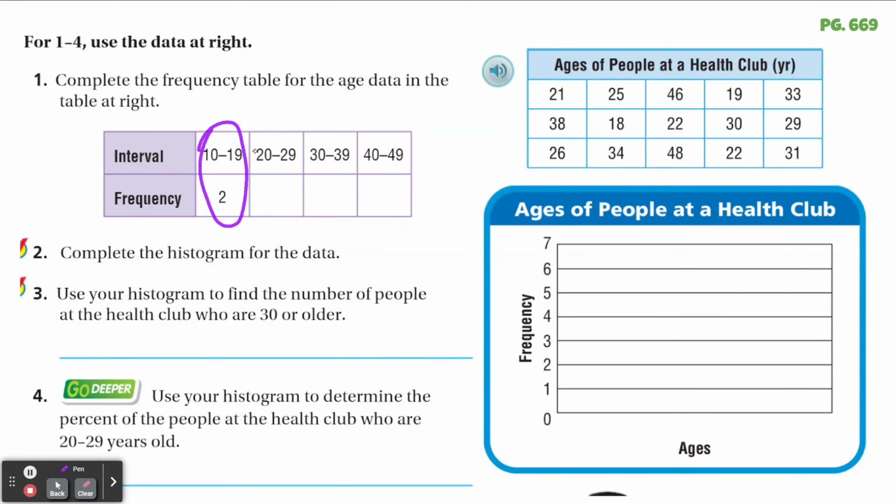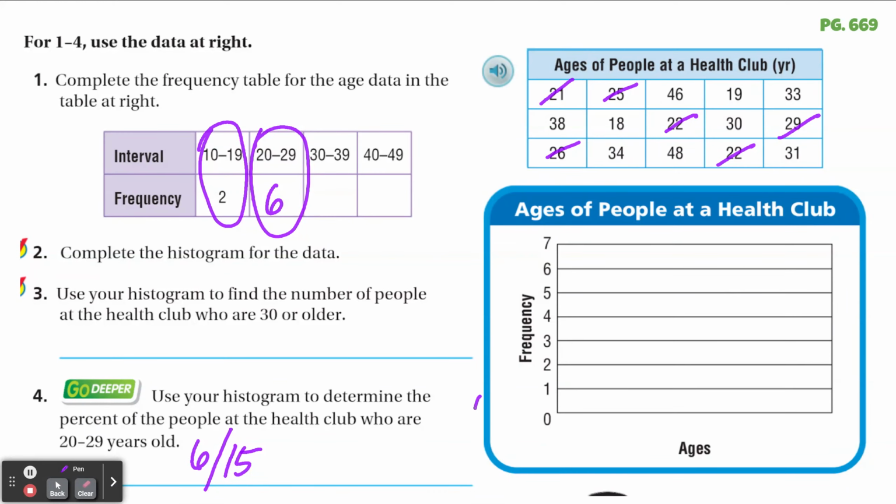I need to do my 20 to 29 interval. So there was 1, 2, 3, 4, 5, 6. So I actually need to do 6 out of 15, not 2 out of 15.